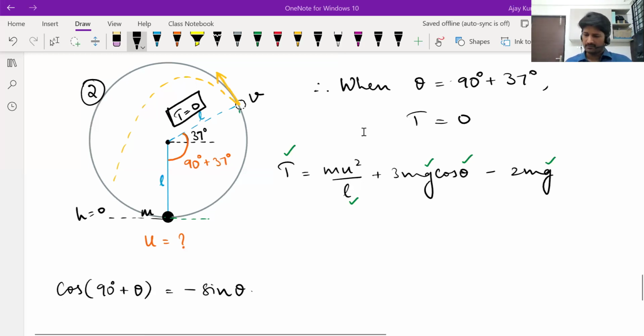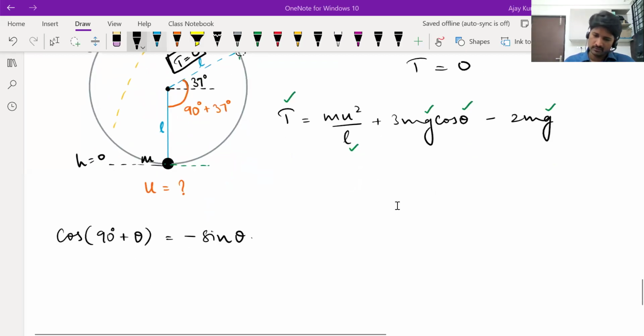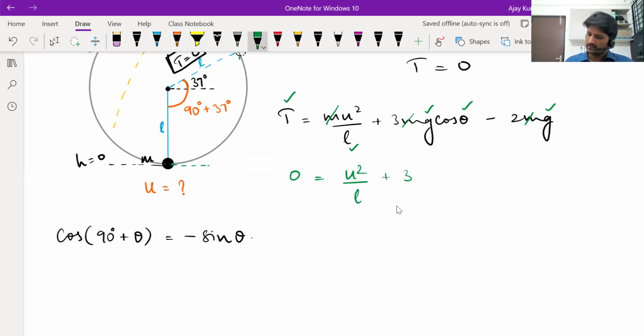Let's see. What is left is just substitution. So tension becomes 0. 0 is equal to, u is unknown. Mass will get cancelled, as I said, so you can just remove that term. So u square by L plus 3g cos of 90 plus 37, which becomes minus sine 37, that is minus 3 by 5, minus 2g.